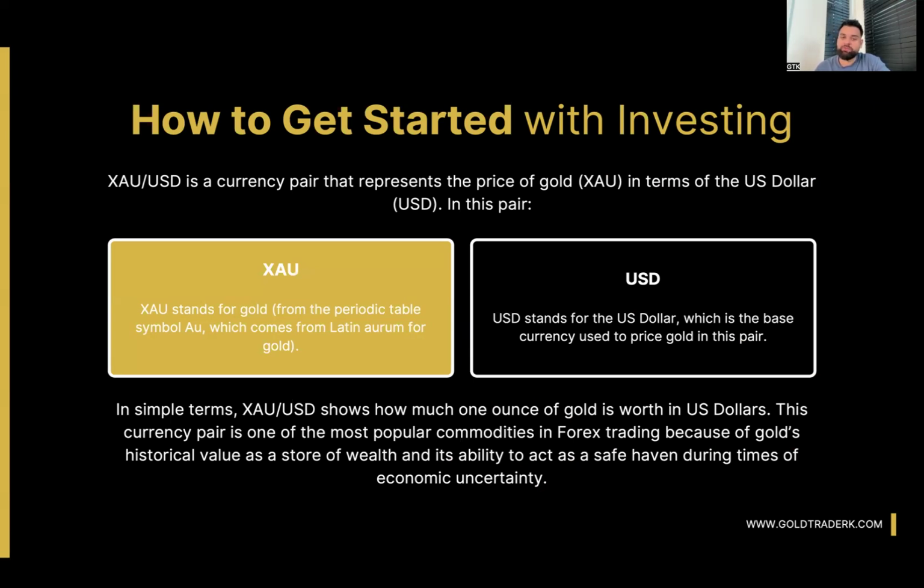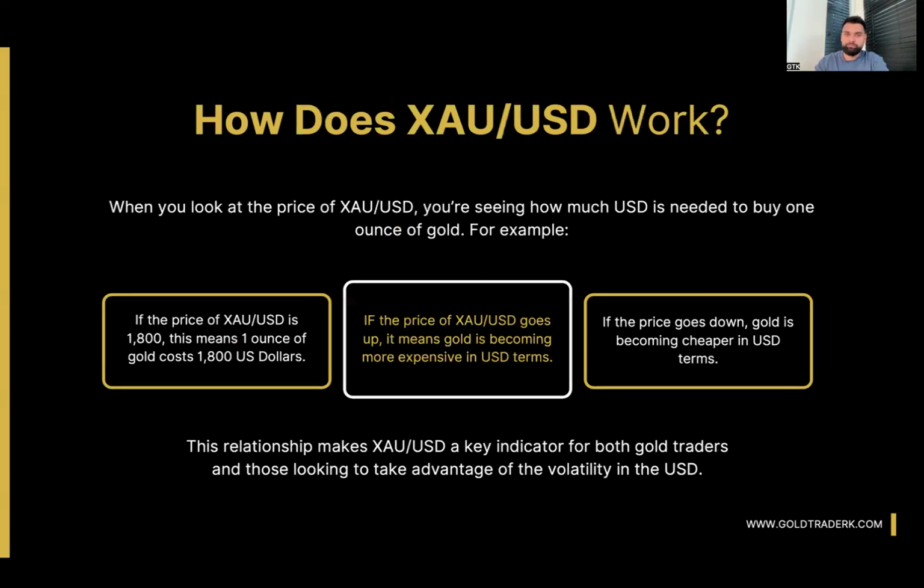This currency pair is one of the most popular commodities in Forex trading because of gold's historical value as a store of wealth and its ability to act as a safe haven during times of economic uncertainty. How does XAUUSD work? When you look at the price of XAUUSD, you're seeing how much USD is needed to buy 1 ounce of gold.